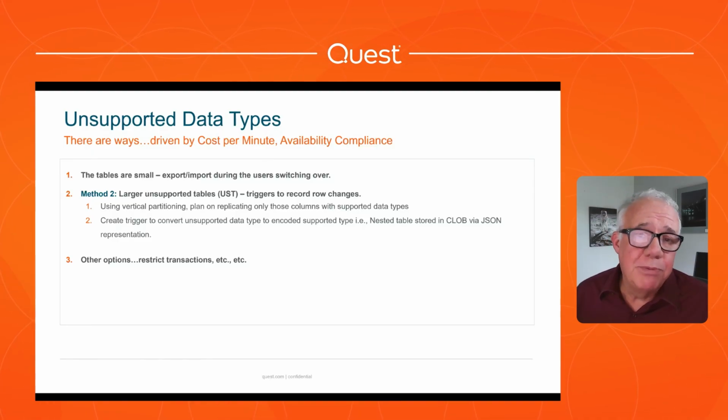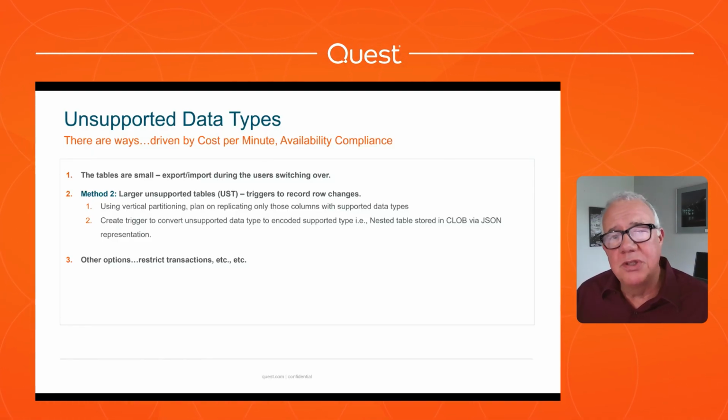Then you can put triggers in place that essentially decode whatever is inside the unsupported data type and put it into a supported data type in a companion table. This way you can replicate that other column and do the reverse on the target as changes come in, or run a batch process. It's a similar idea.